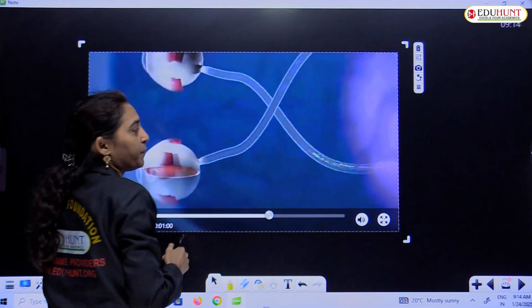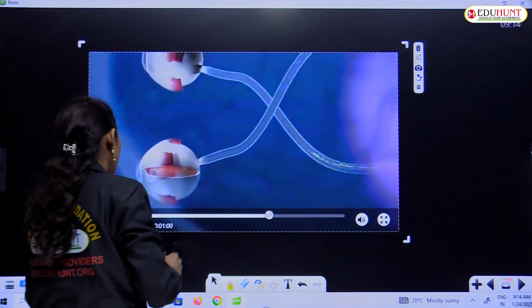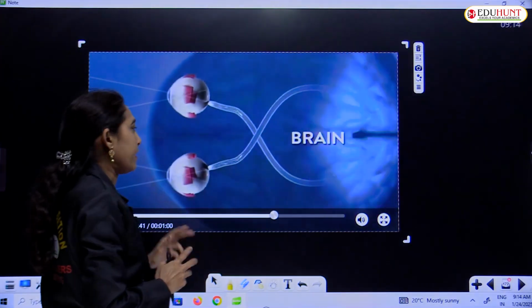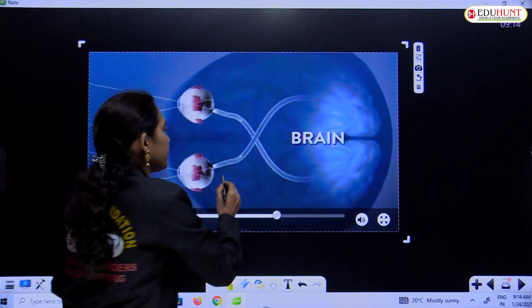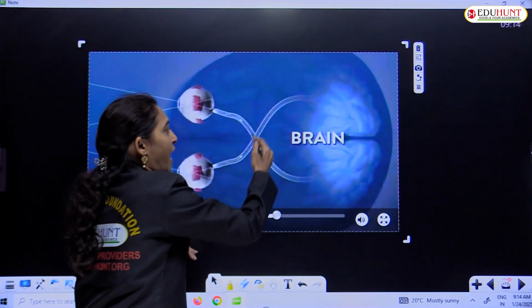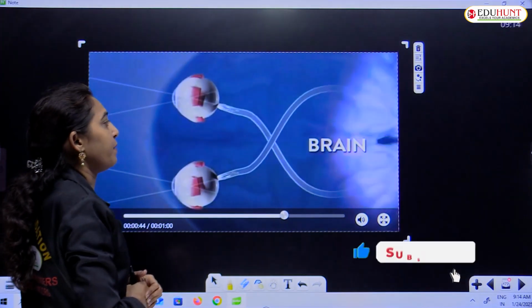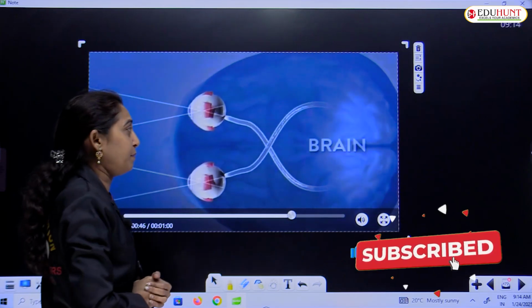These are the two optic nerves arising from the two eyes, left and right eye. The electric impulse generated in each eye is carried to the brain. The brain receives the electric impulse.